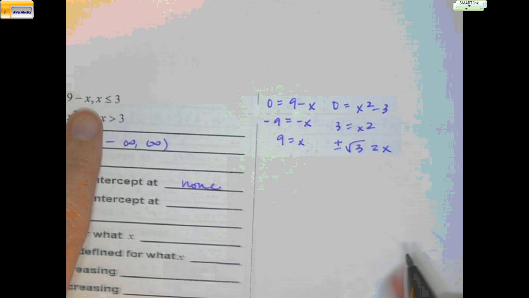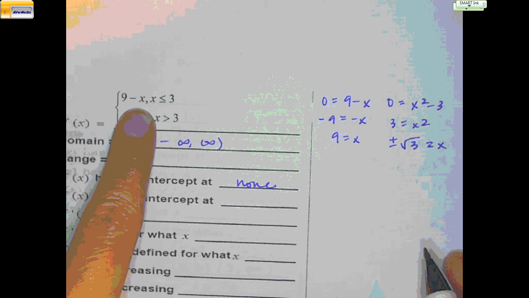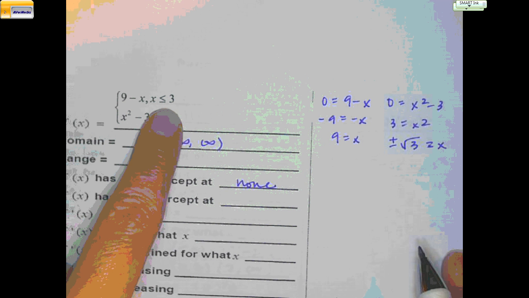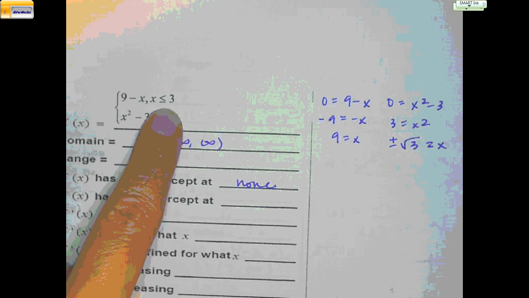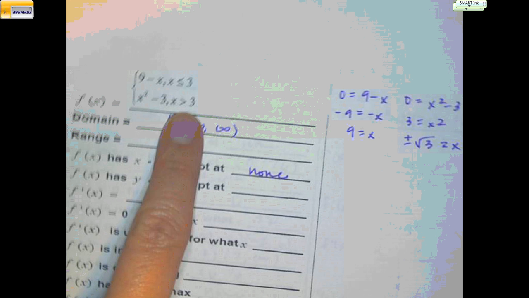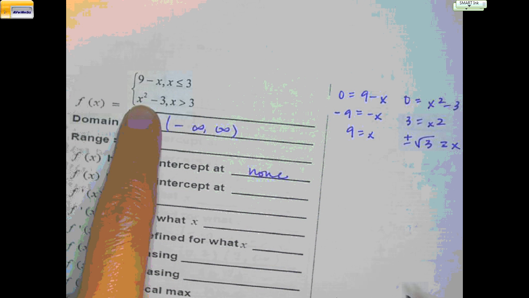Because for this one, in order for it to equal 0, x had to be 9. Does 9 fall within those restrictions? No. It only exists left of 3. So 9 is not even part of that graph anymore. Positive and negative radical 3: neither one of those is bigger than 3. So we don't have any x-intercepts for this piecewise function.